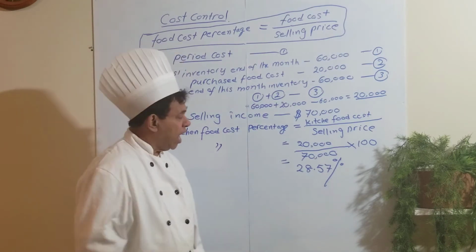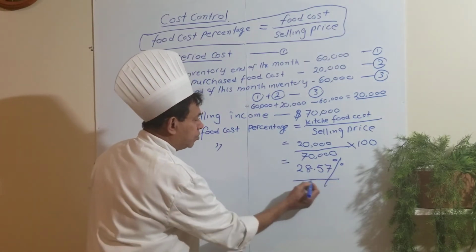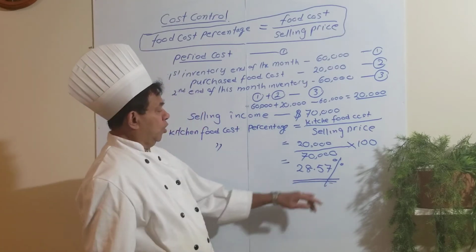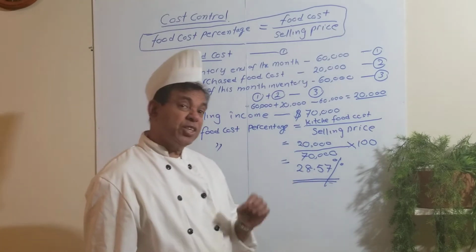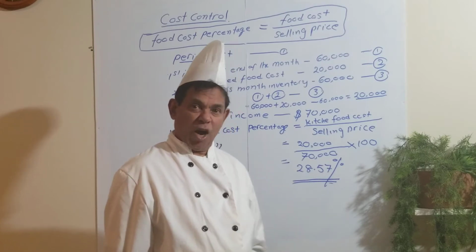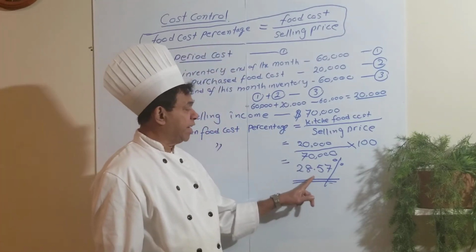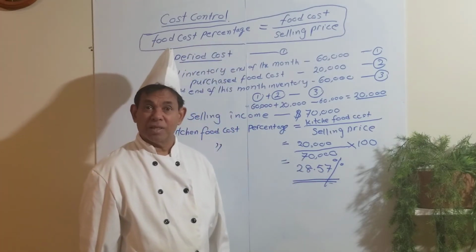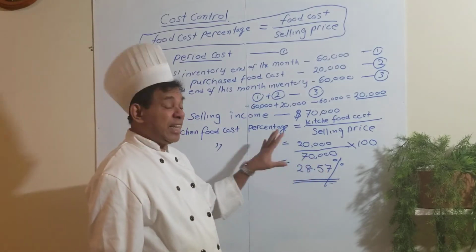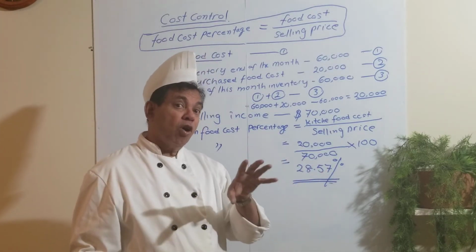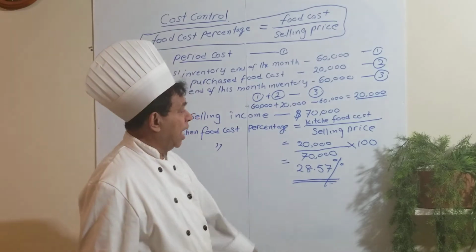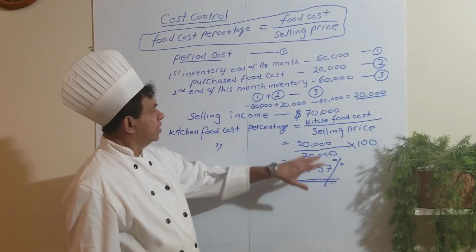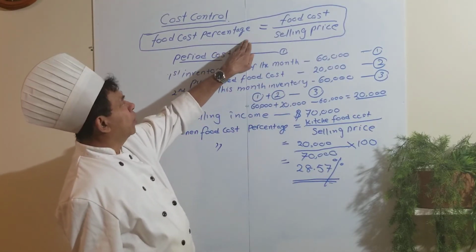Then if somebody asks, this is my answer now. If somebody asks kitchen food cost percentage how much, I will say 28.57 this month. That is kitchen food cost percentage. I calculated that one according to this formula.